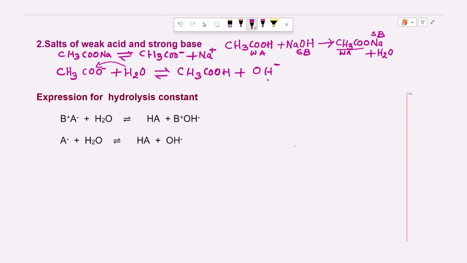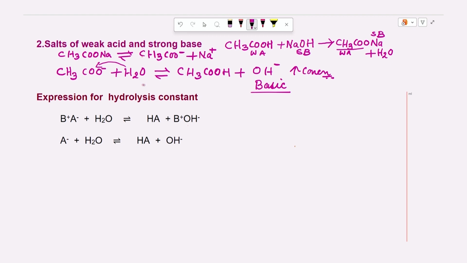So, when we add sodium acetate to water, there is an increase in the concentration of OH- ions. The resulting solution will be basic, or you can call it an alkaline solution. When we hydrolyze a salt of a weak acid and a strong base, because the base is strong, of course, the resulting solution will be alkaline in nature.